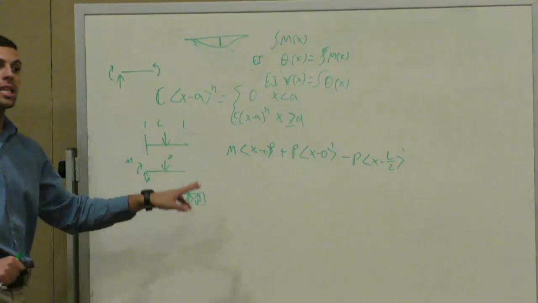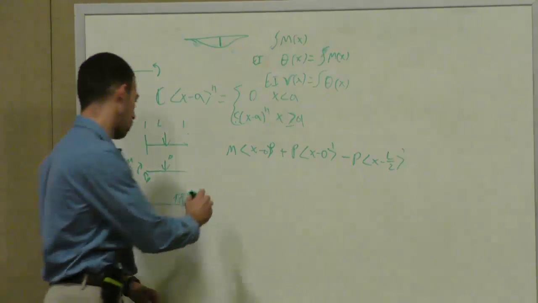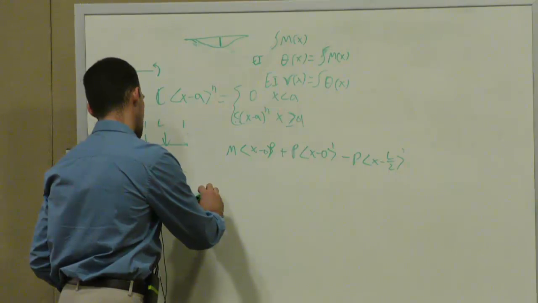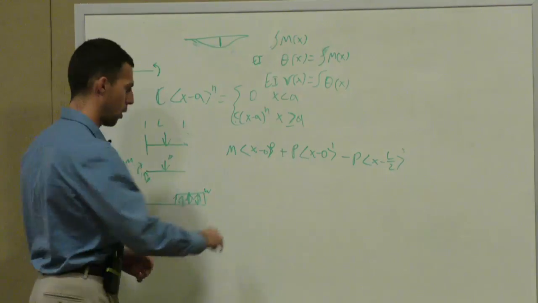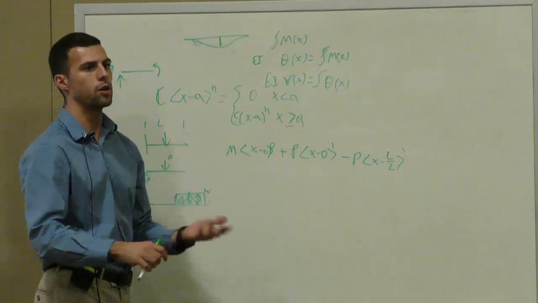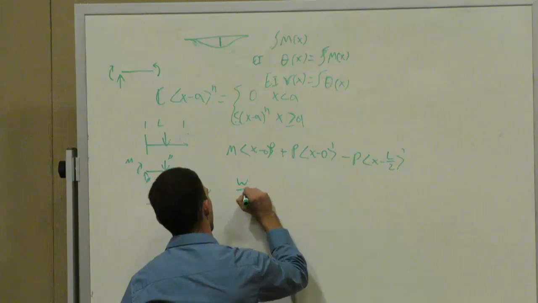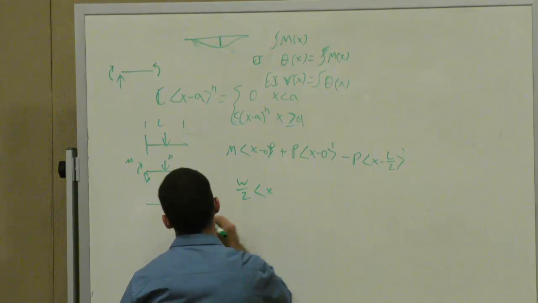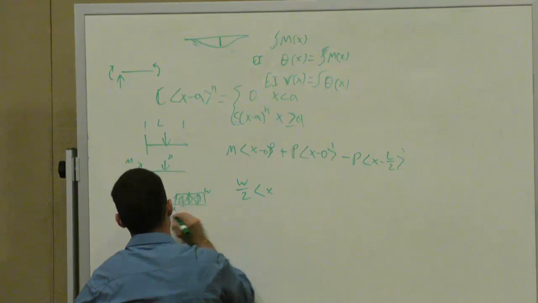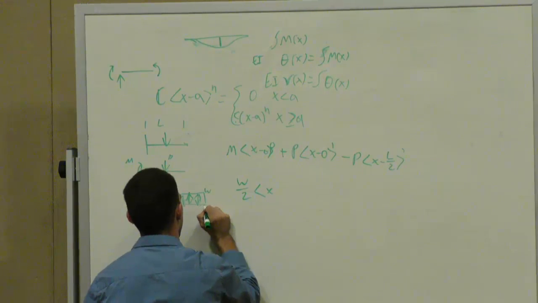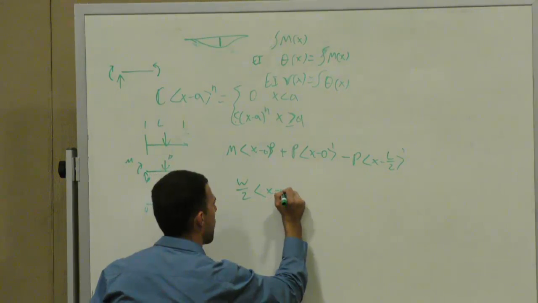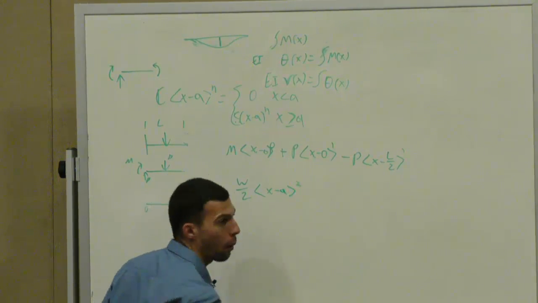So if it goes to the end of the beam, right, this takes on the form, if this has a maximum height of W, or a distribution of W per whatever, right, it takes on the form W over 2 x, let's call this point A, right, here's 0, A, B, right, so x minus A to the second power.